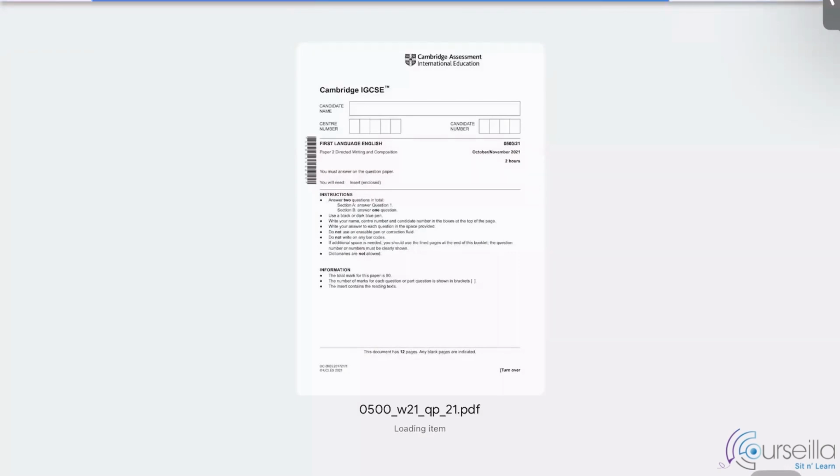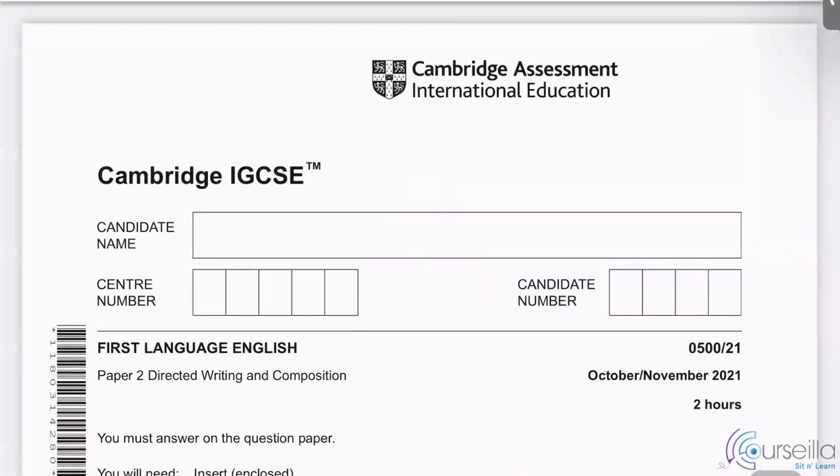Is my screen shared? Yes. Sorry for the inconvenience, I'm waiting for a while. Okay, here it is.